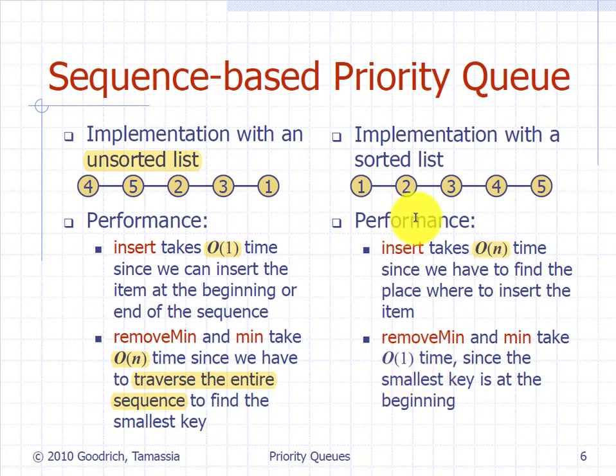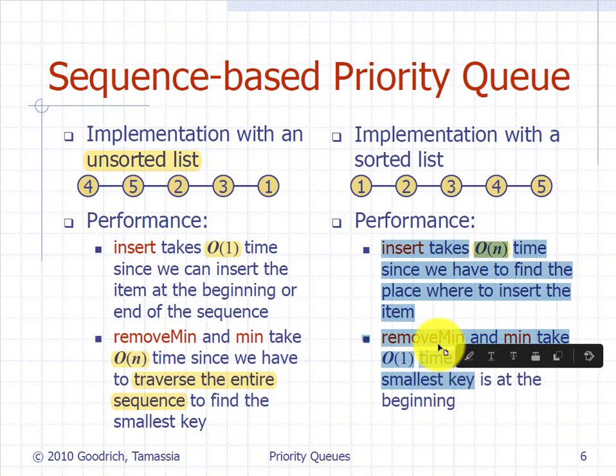So now you have to tell me which is better. Should we implement it with an unsorted list or a sorted list? Right, so the most skeptical of you will say, hang on, it should be based on the application. And you'd be right, okay, because if you have more inserts than removes, then this makes more sense. If you have more removals than inserts, then this makes sense.